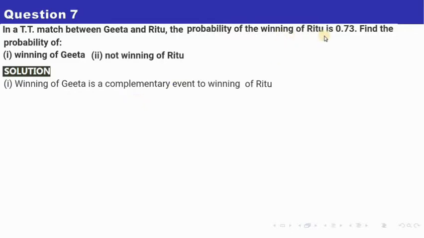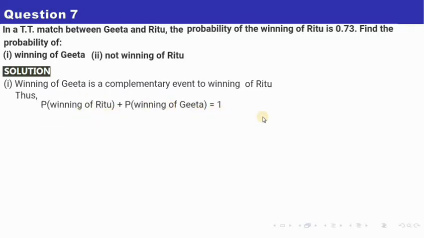So what is given to us? The probability of winning of Ritu is given. We know that the probability of winning of Geeta is complementary. So the probability of winning of Ritu plus the probability of winning of Geeta will be equal to how much? It will always be equal to 1, because the sum of the probabilities of complementary events is always equal to 1.